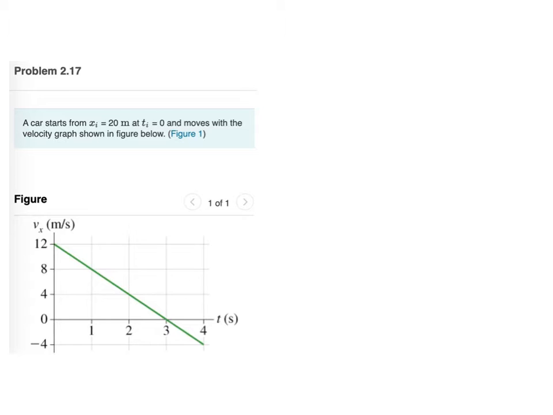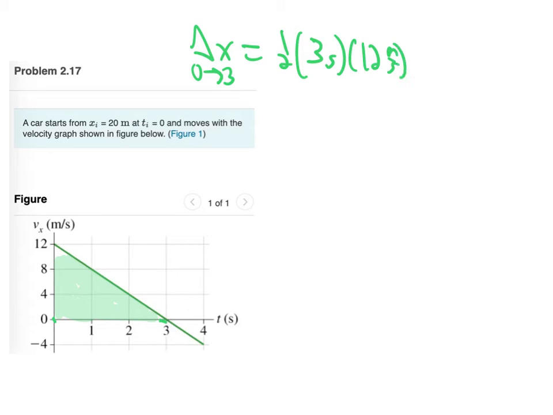Our next thing will be basically the same idea. We will take between 0 and 3. So that is now this entire area, including now the entire triangle, which makes life pretty easy because now delta x from 0 to 3 is going to be 1/2 the base, which is 3 seconds, times the height, which is 12 meters per second.